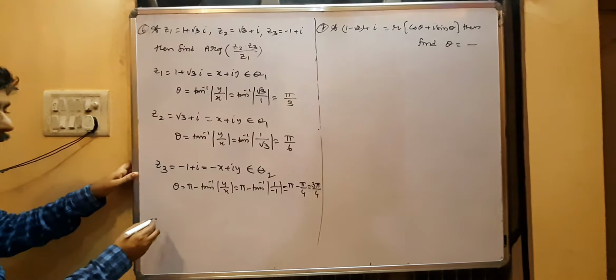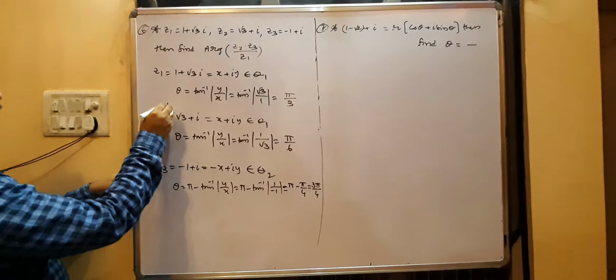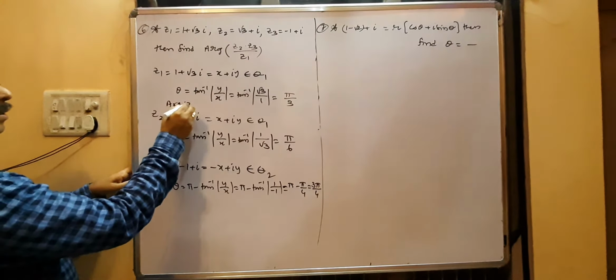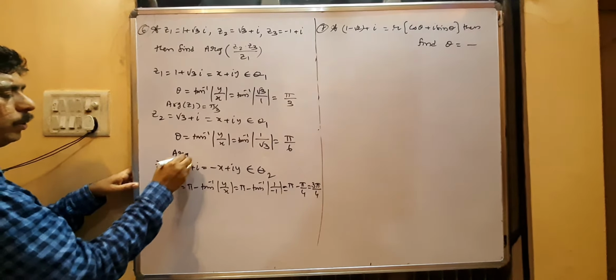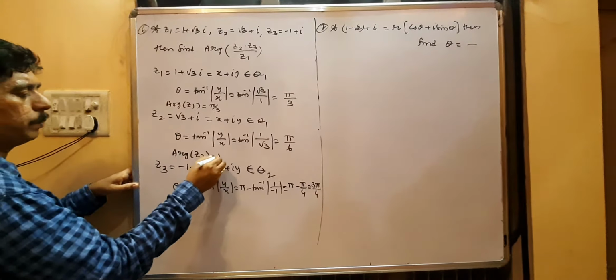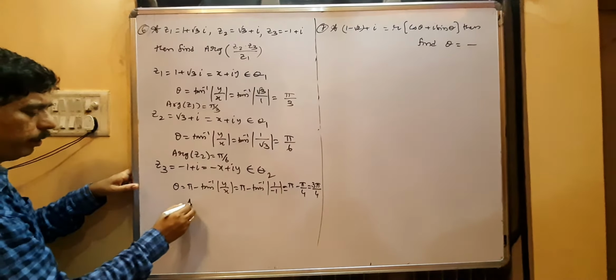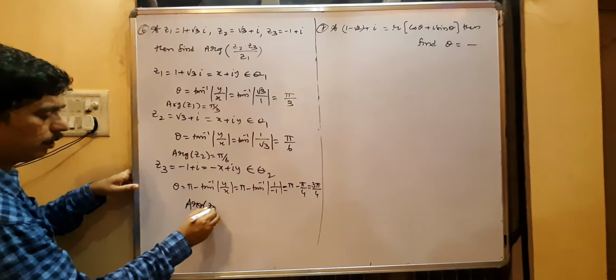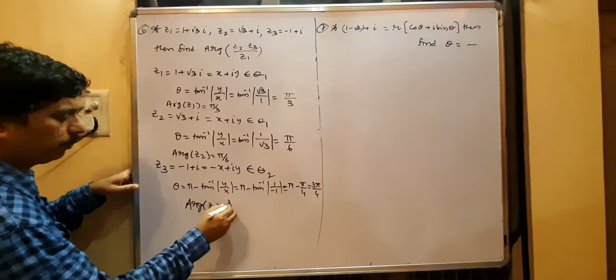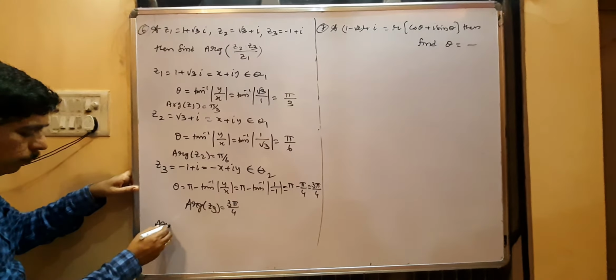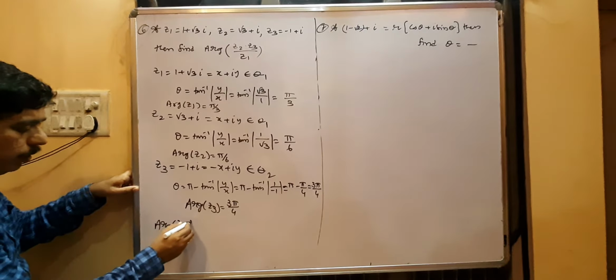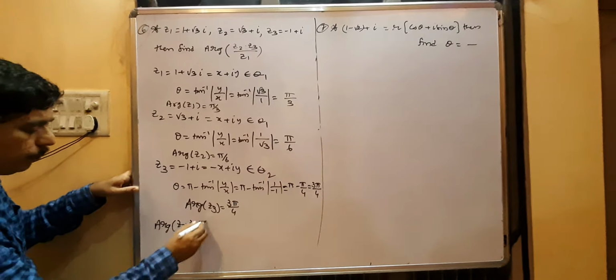They are asking, in this case, argument of z1 is pi by 3. Argument of z2 is pi by 6. Argument of z3 equal to 3 pi by 4. They ask to find argument of z2 into z3 by z1.